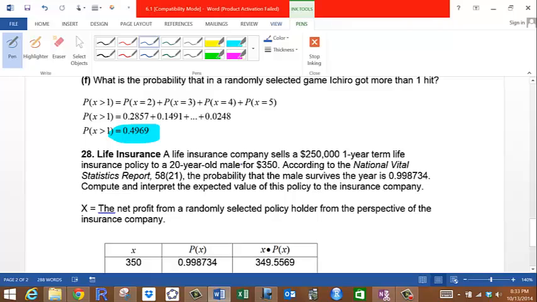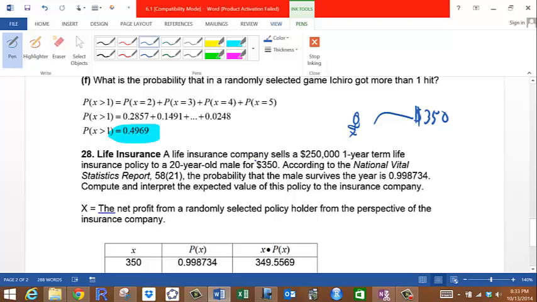That first statement means this: the 20-year-old male goes down to the insurance company and gives them $350. And if he lives throughout the year to see age 21, then the insurance company just keeps his money. They just keep his $350. If he does not live, then the insurance company pays out this big lump sum, $250,000, to the beneficiary, whoever that is.